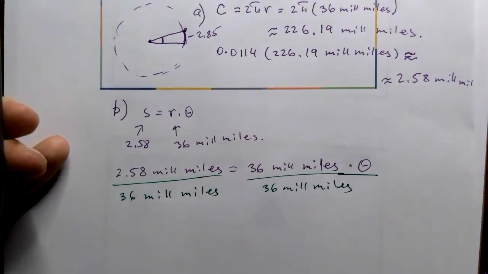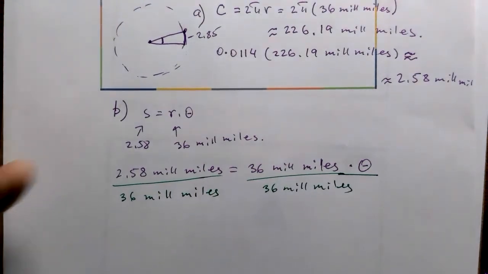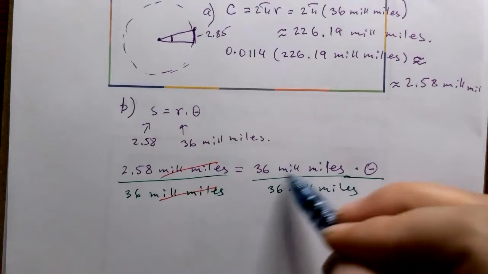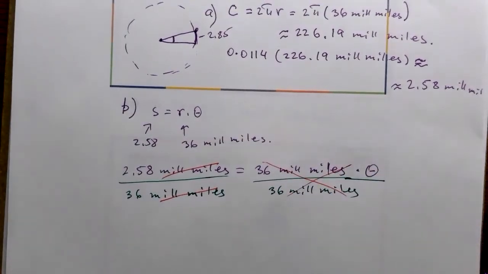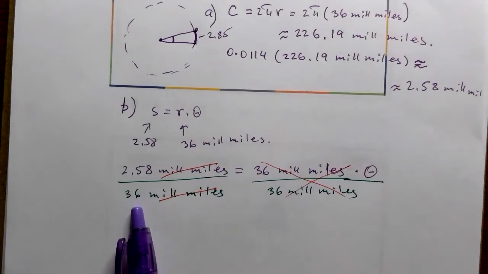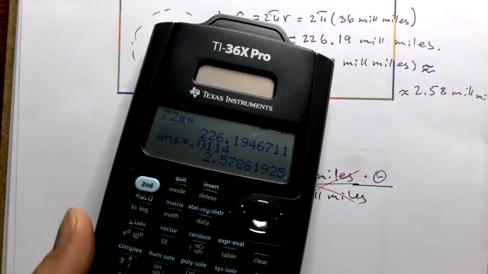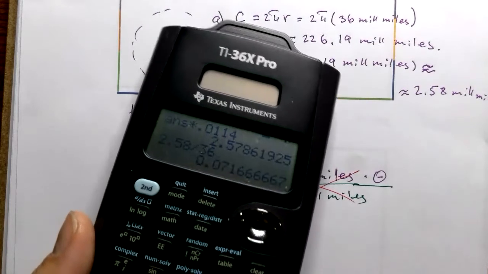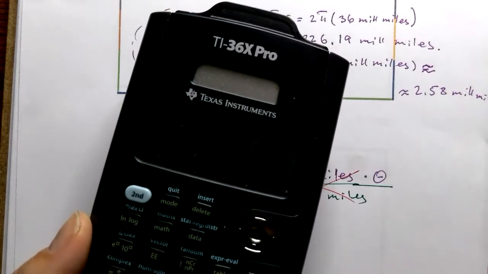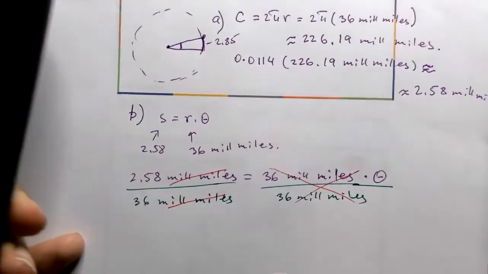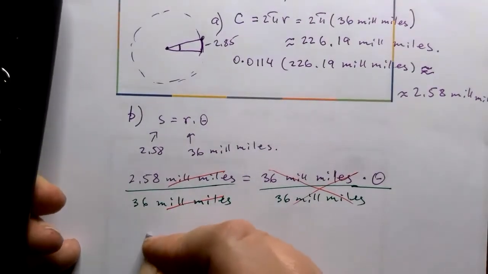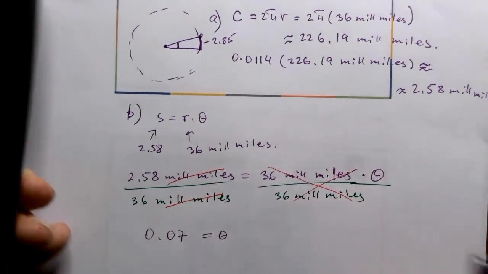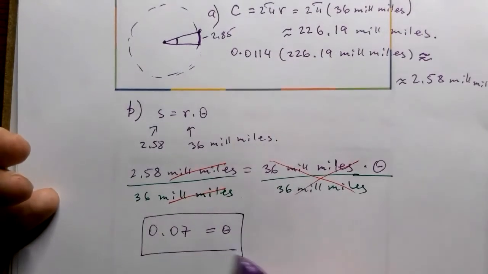Okay, so million miles and million miles cancel out. And what do we have? We have 2.58 divided by 36. That gives us about 0.07 radians. So 0.07 radians. That's the angle theta.